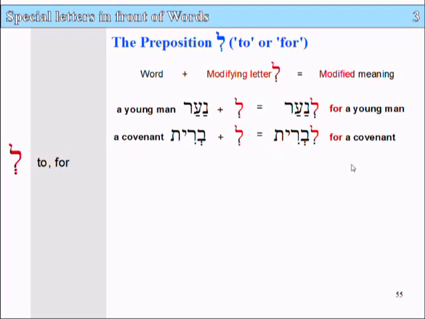If we take the word emor, to say, and we put the lamed in front of it, we get lemor, which actually means to say or saying. And that's a very common term you find in the Torah. Vayomer Yahweh el Moshe. And Yahweh said to Moses, or he said to Moses saying, lemor.